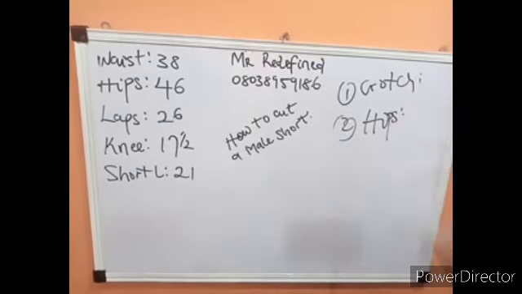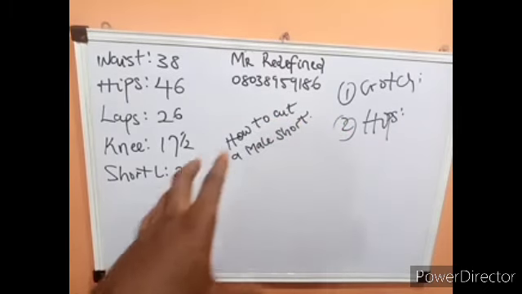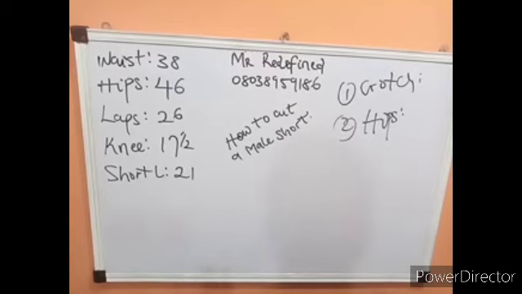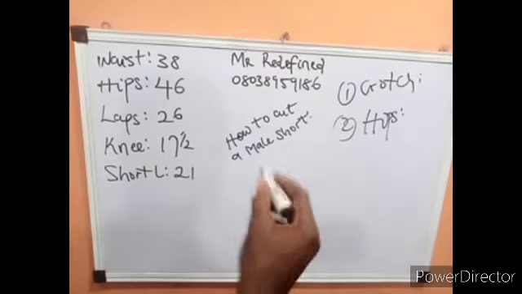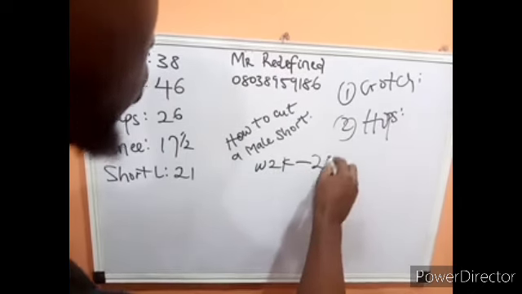These 2 areas are the areas you'll be battling with, and you must focus your attention on them for you to have a perfect short. Most importantly, all shorts must stop before the knee. Remember that our knee point, from waist to knee, is usually 21.